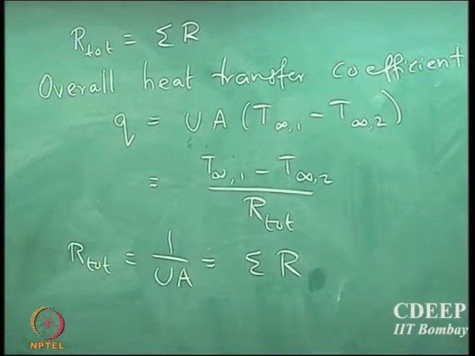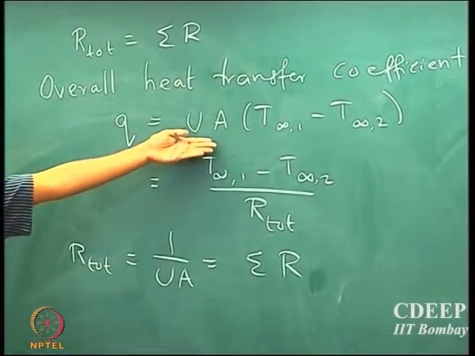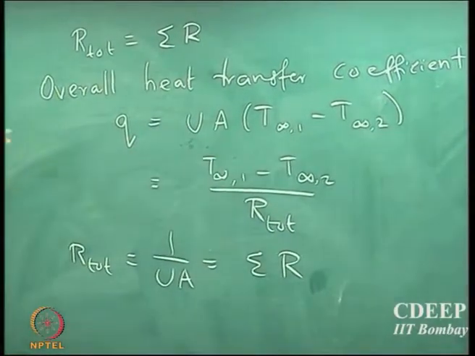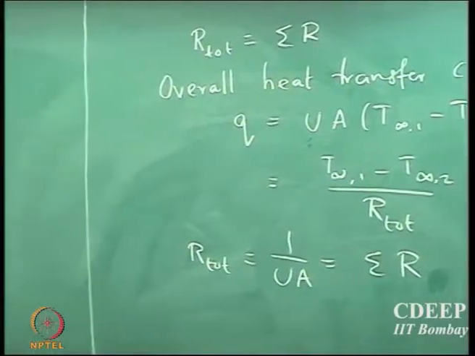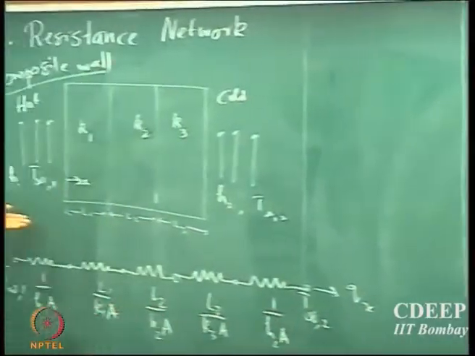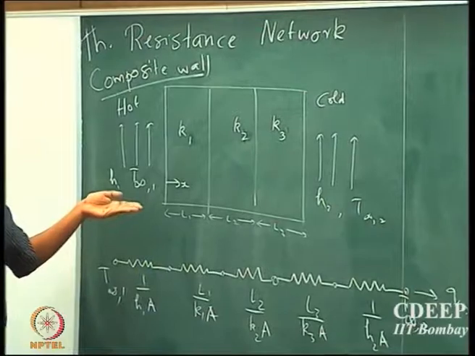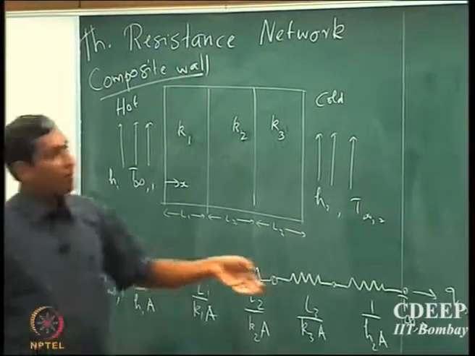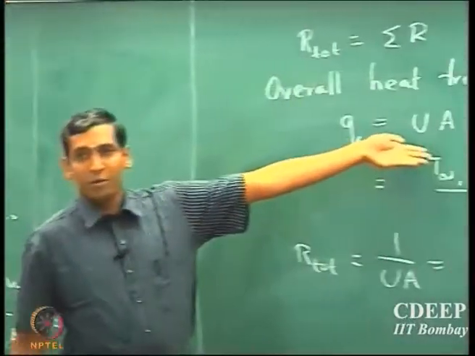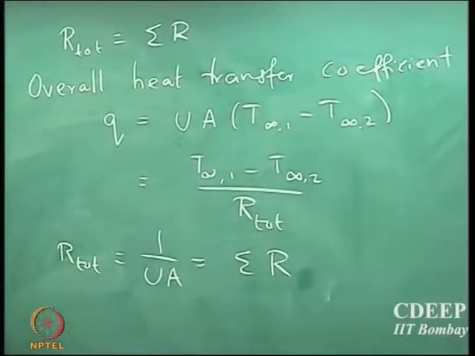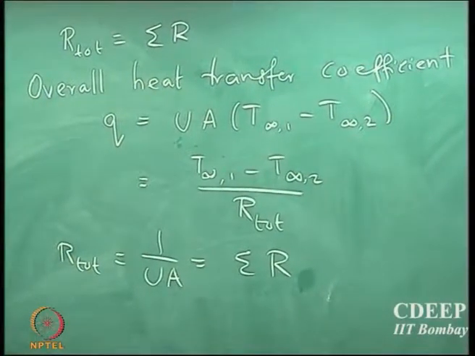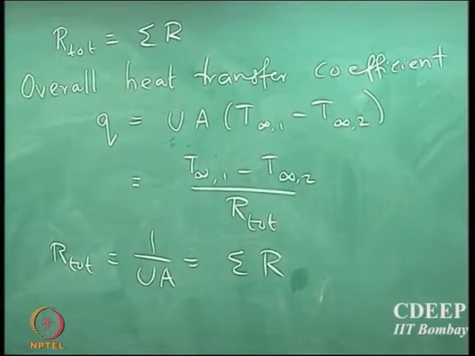So it's very important to understand the definition of overall heat transport coefficient, and note that it's a fictitious quantity. It can be detected based on the individual properties of the system that you are considering. However, overall heat transport coefficient is mainly for convenience purposes and for calculation purposes. It really helps in defining such kind of a quantity. Okay.